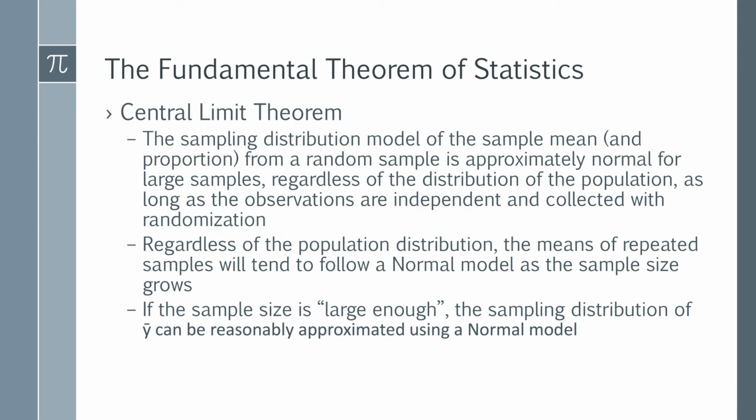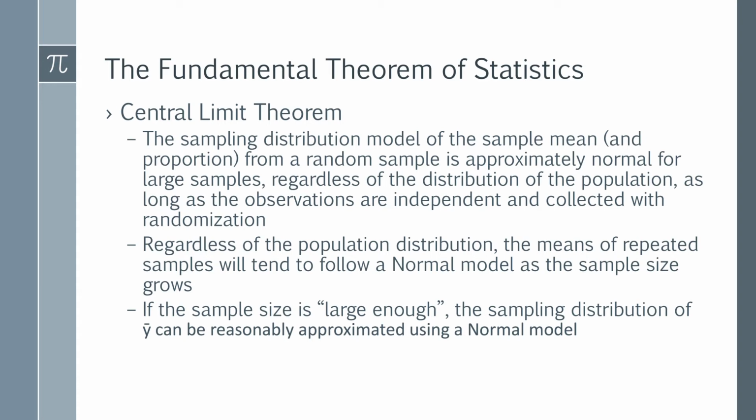There's a fundamental theorem of statistics known as the central limit theorem. The central limit theorem says that the sampling distribution model of the sample mean and proportion from a random sample is approximately normal for large samples. This is regardless of the distribution of the population, as long as the observations are independent and collected with randomization.